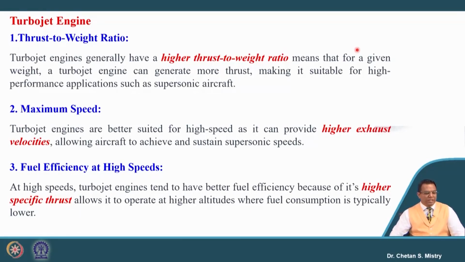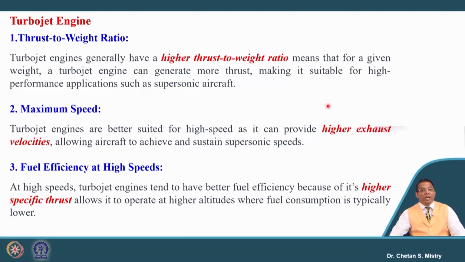We have a higher thrust to weight ratio, and that is the reason it has a special application for supersonic aircraft. Next, it has higher speed, and this higher speed is because of higher exhaust velocity, which favors application at supersonic speeds.